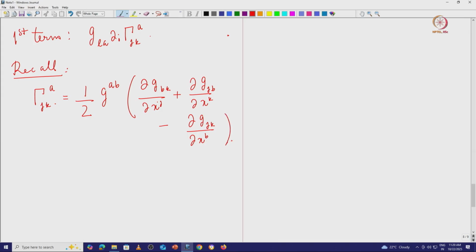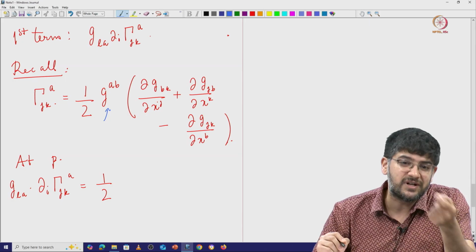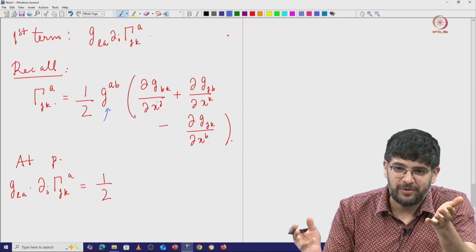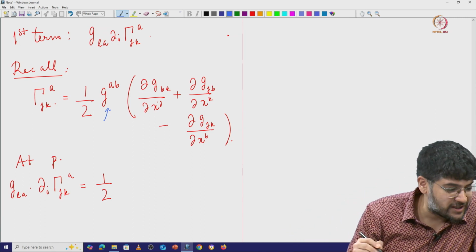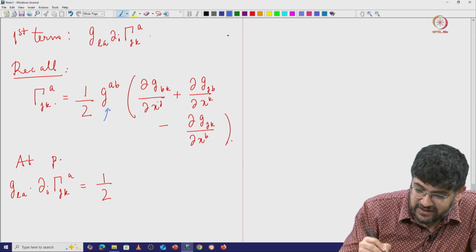Okay. So at P, if I calculate the derivative of this Christoffel symbol, by the product rule, I can first hit the derivative on this inverse metric term. But by the discussion that we had, if a derivative hits the components of the inverse of the Riemannian metric, those things are 0 at P. So by the product rule, I directly get something like this.